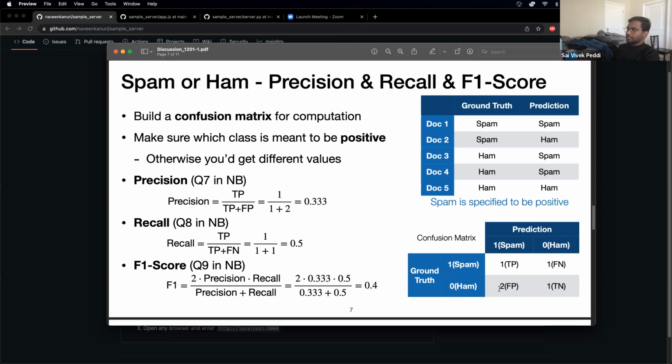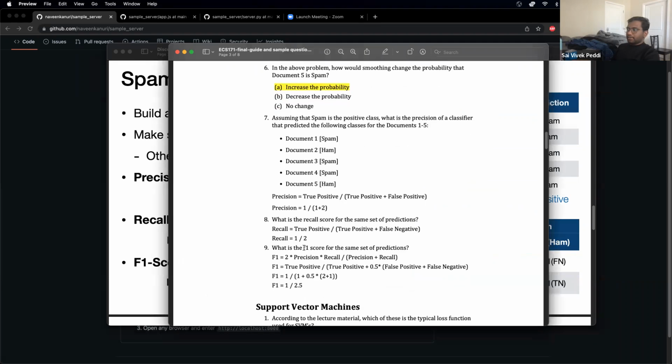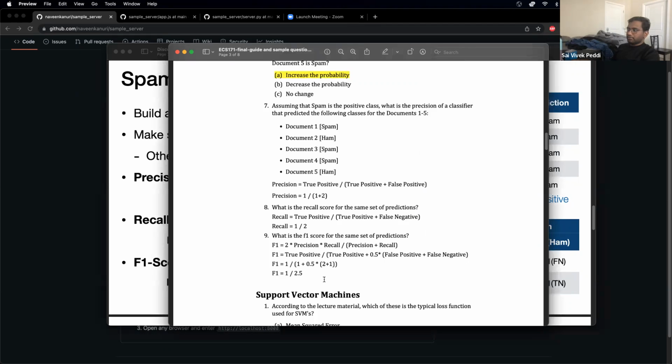So if you take this table, the total number of true positives in this data set is 1, and the total number of false positives is 2, so the value is 0.33. Similarly, you do it for recall and F1 score. So this is the F1 score for the same set of predictions. All 3 values are calculated, and you have some value like 0.4.